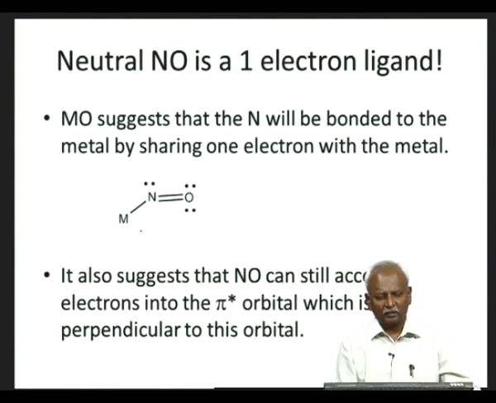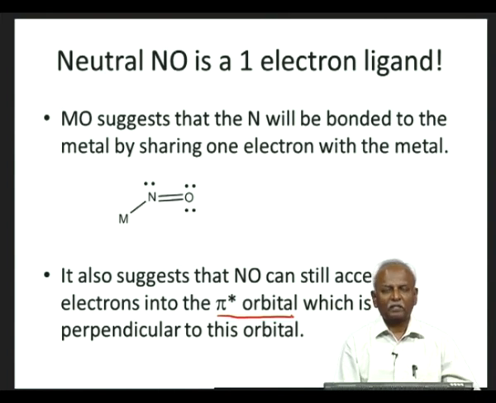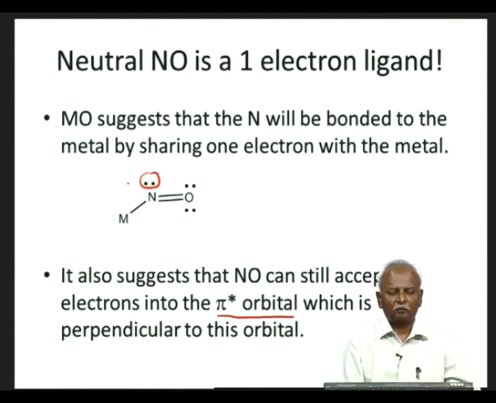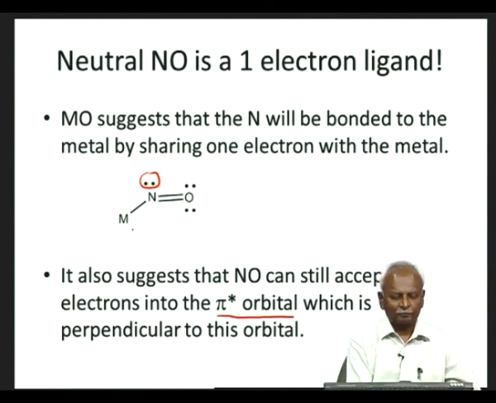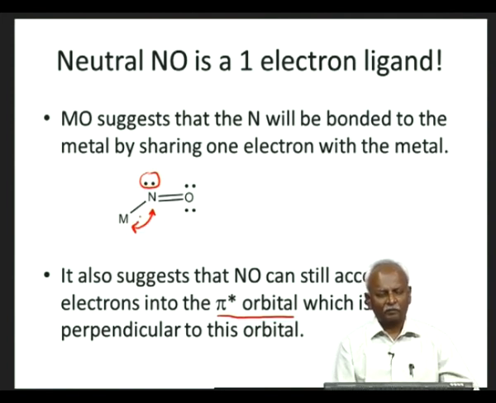And you will notice that the nitric oxide has still got a pi star orbital which is empty, even though this extra electron density will have to be this pair of electrons which is there as extra electrons on the nitrogen, but then there is one pi bond between the nitrogen and oxygen, and that pi star orbital is still empty and can accept electron density from the metal. So, back bonding is still possible when you have a bent NO, which is behaving like NO minus, and some properties of this NO minus will be similar to what we have encountered for CO.